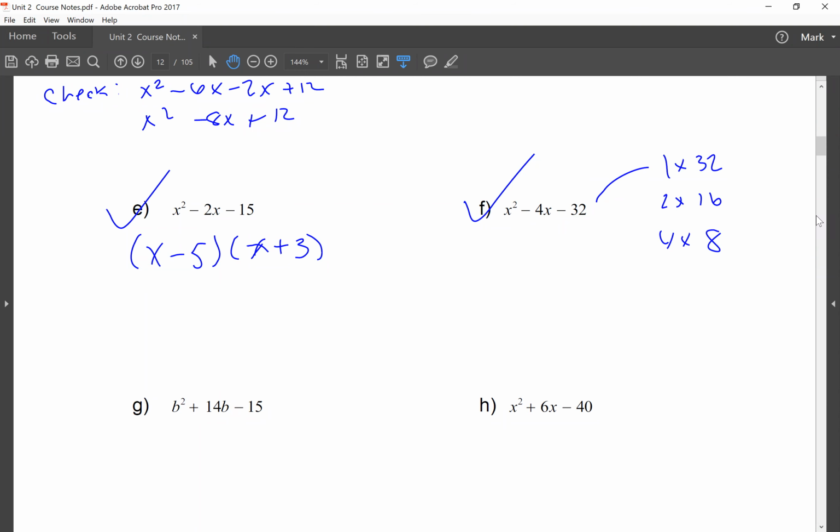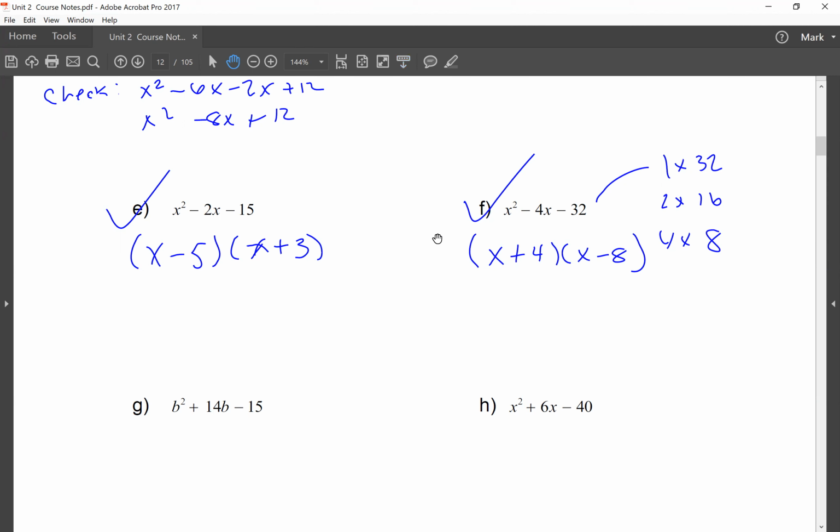So this one would be x plus 4 and x minus 8. Positive 4 plus a negative 8 is a negative 4. Positive 4 times a negative 8 is a negative 32.